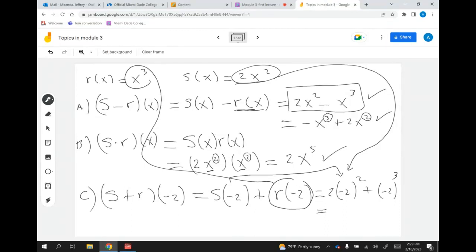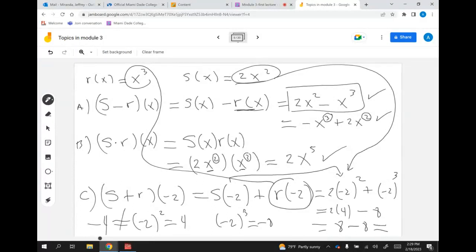All right, so this is just a matter of computing this. So what is (-2) squared? Notice that I'm using a parenthesis, it's actually 4, not equal to -4. Be careful with that, okay? So that's 2 times 4. What about (-2) cubed? (-2) cubed is actually -8. So this will be -8. So now you have 8 minus 8, and the answer is 0. That's all you have to do, guys.